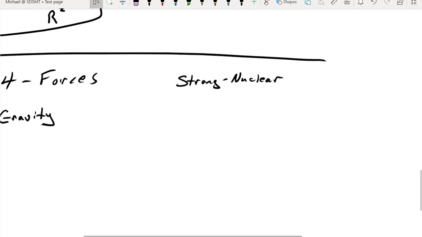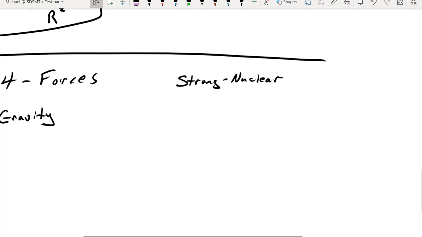But this force is only present and only operates within the nucleus of the atom. And so outside of the atom, we don't see the effects of this force as such.